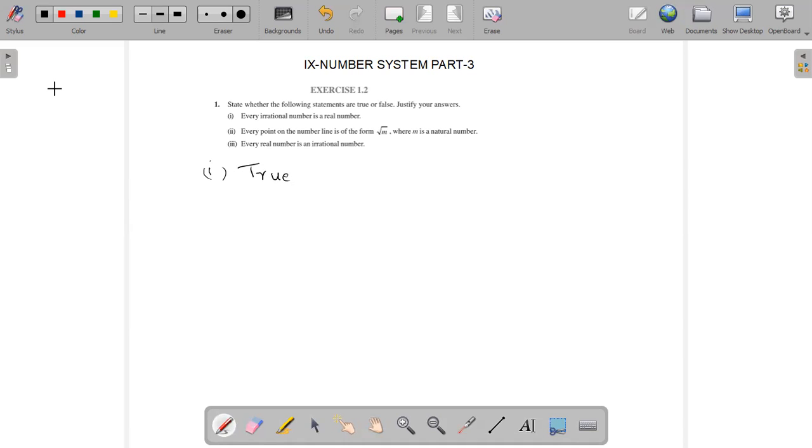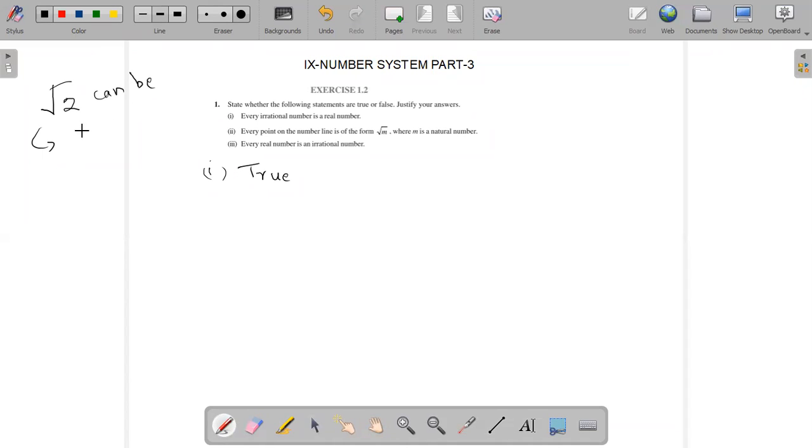And you must be thinking that we cannot express root 2 on the number line. We can. We will do that, it is in our course. The last question of this exercise is to find the point to represent root 2. Root 2 can be expressed on the number line.